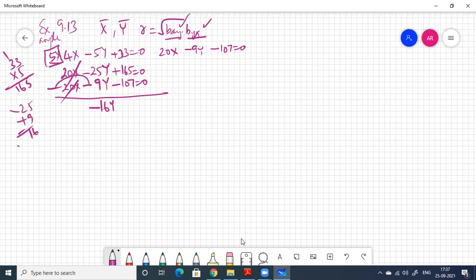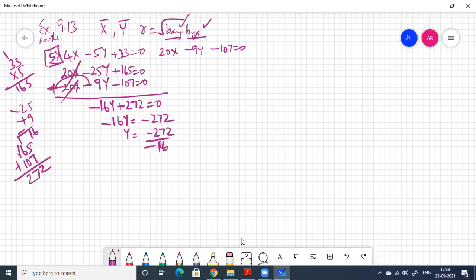Then 165 minus 107, minus into minus becomes plus, so plus 272 equal to 0. Minus 16y is equal to minus 272. That means y is equal to minus 272 by minus 16. How much is that coming? Minus 272 by minus 16, you can cancel the minus and minus.